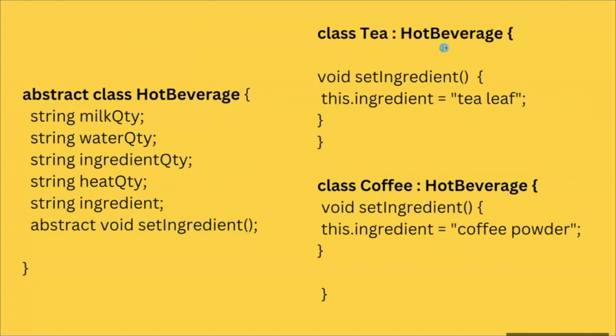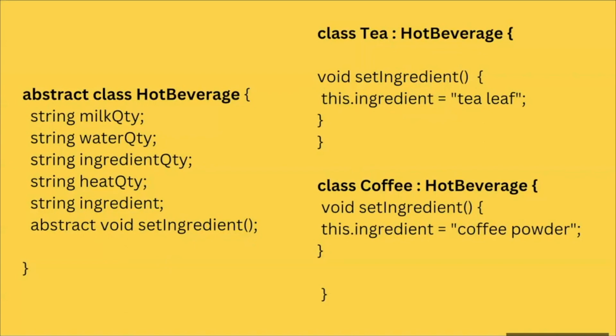And two classes, Tea and Coffee, let's say they implement HotBeverage, which means they have to override the abstract method and define it. So you can see the ingredient for tea: setIngredient is the abstract method. For the Tea class, it is being set to tea leaf, whereas in the Coffee class, it is being set to coffee powder. This is a very simple example, just to start things up so that the fundamentals of builder are clear. Then we'll move to a more real life example.